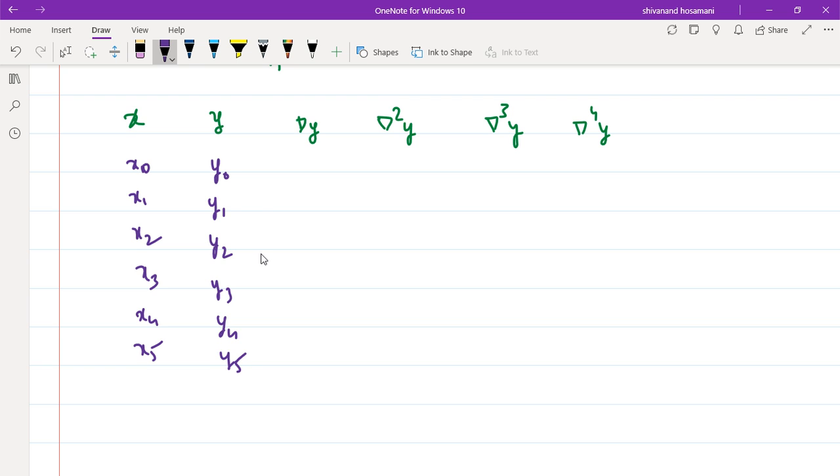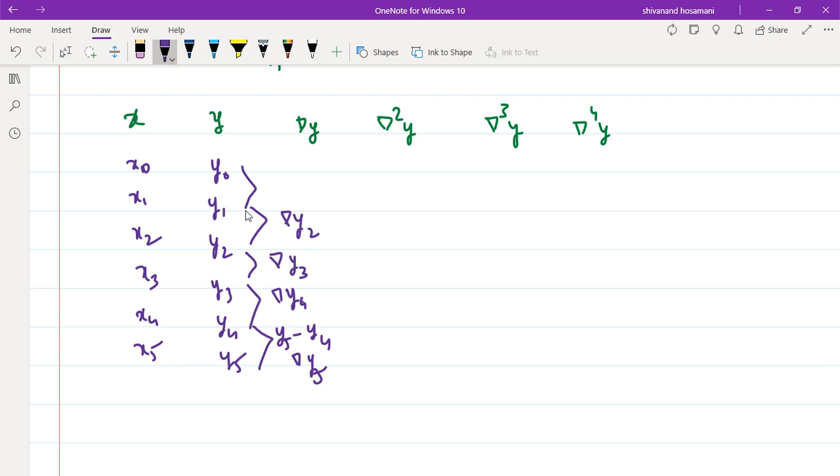Now to do the backward difference table, we need to start from y5. So y5 minus y4 is the first backward difference, denoted by del y5. Then this is del y4, this is del y3, this is del y2.